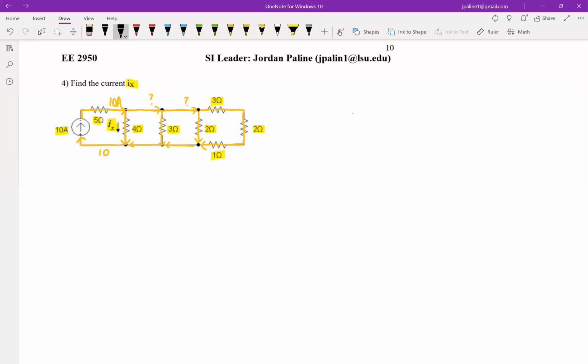So if we do a current division, we need stuff to be in parallel. Not necessarily everything, but we need a parallel.